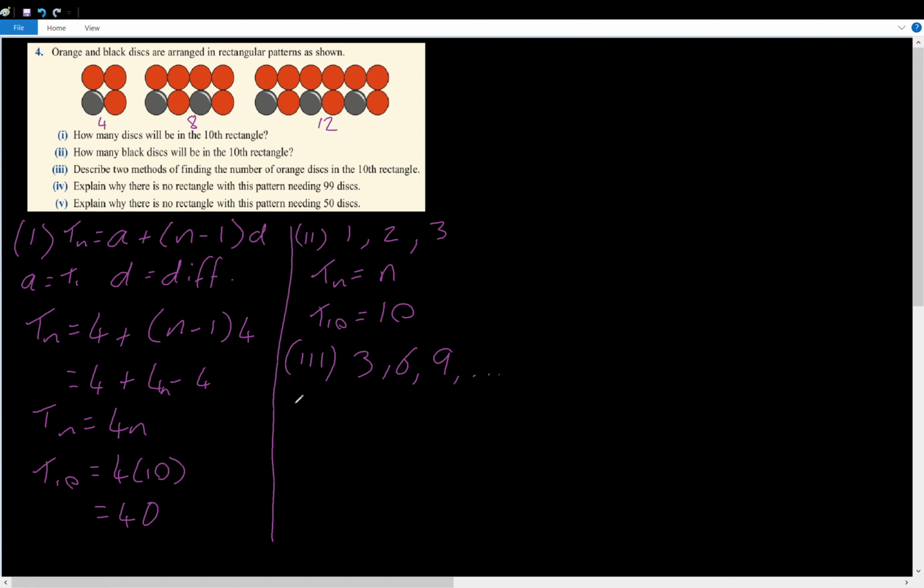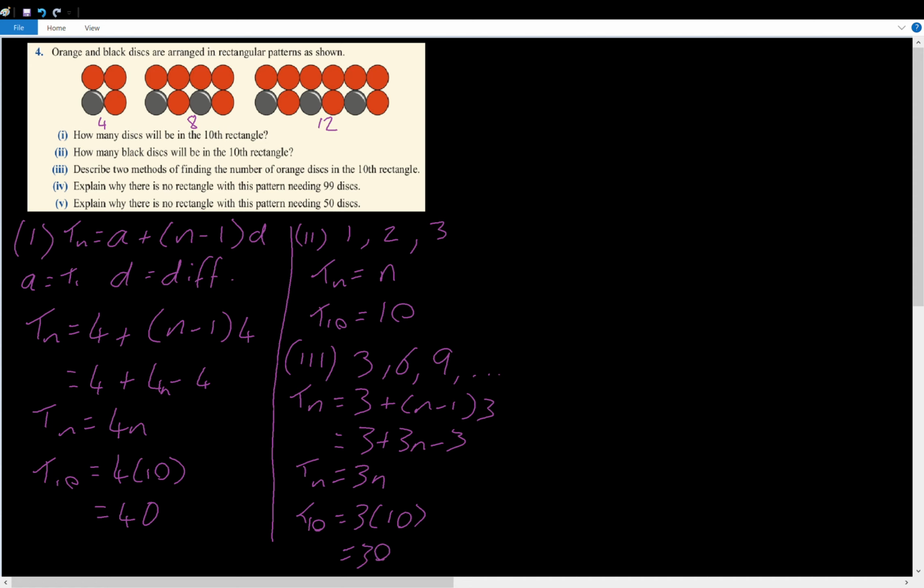We can figure out the general term of that by saying Tn is equal to 3 plus n minus 1 times 3, because the difference is 3, and that's going to be equal to 3 plus 3n minus 3. So the general term for the number of orange discs is just 3n. Then you can put in T10, and you get 3 times 10, so you get 30. So now we know there are 30 in that.